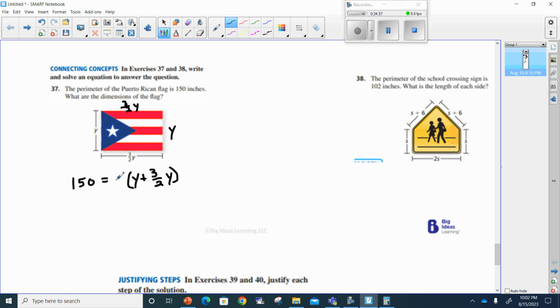Because we have them over here twice. When we do this, we can combine these together, can't we? Because if this is 1y and this is 3 over 2y, remember, they're like terms. I can say this is 150, and it's going to be equal to 2 times 1 and 3 over 2y.